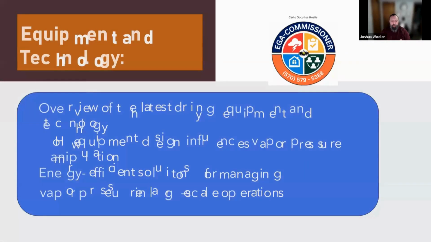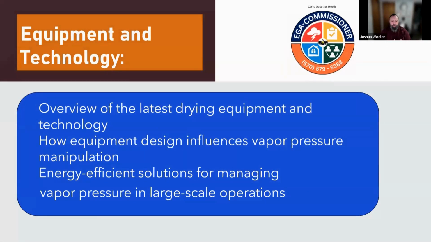Then we went into additional information about equipment and the actual technology, right? We all know about desiccants, we all know about LGRs, and I just drew a blank on the other one, but I'll get to it. I always will.